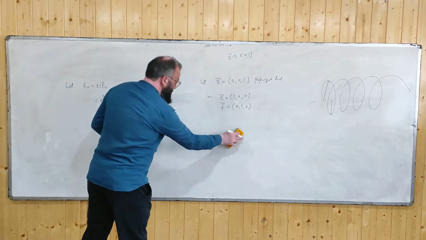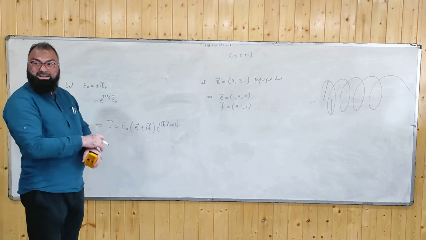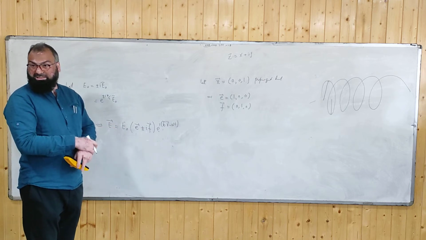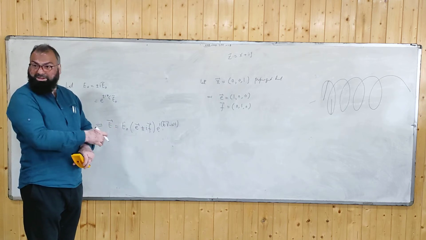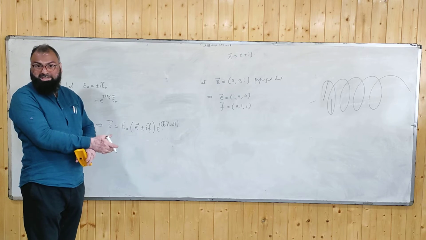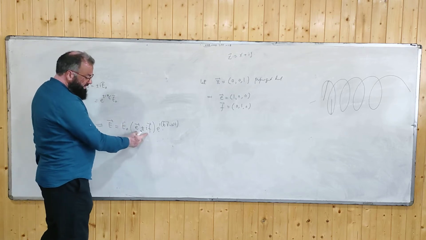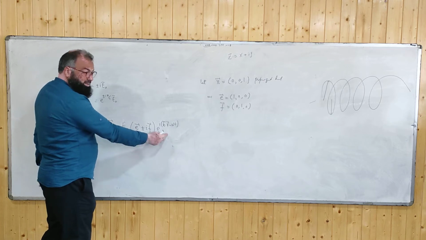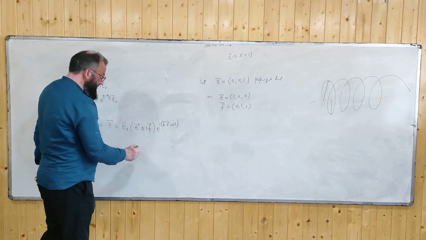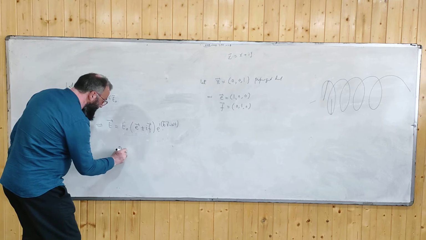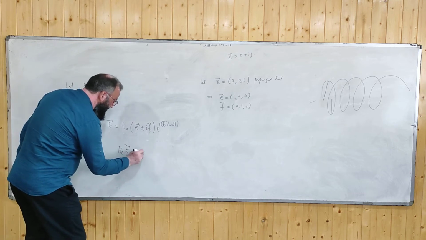Wait a second. What is the physical field? It is the real part of this object, so I need to take the real part. E naught I will consider to be real. So this is A plus iB, and this is also A plus iB, is it? Tell me, what is the real part of E? It is simply E naught.